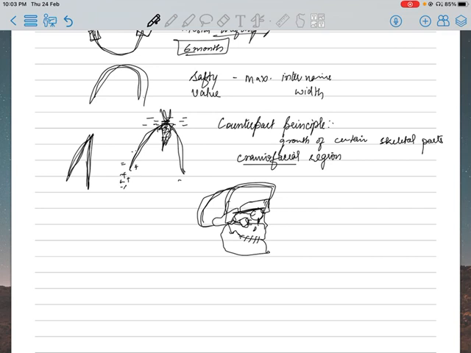So that is there. Bone remodeling was given by Brash.